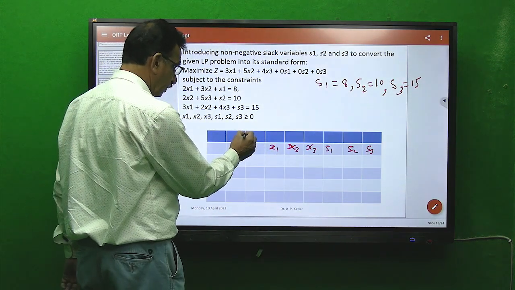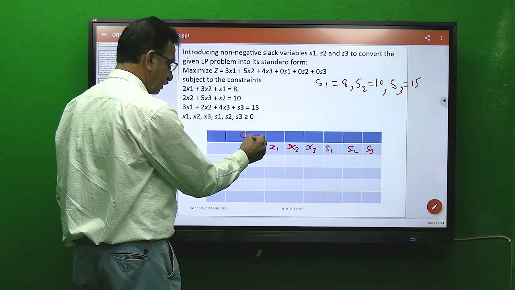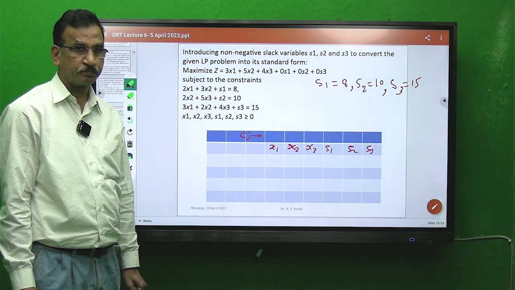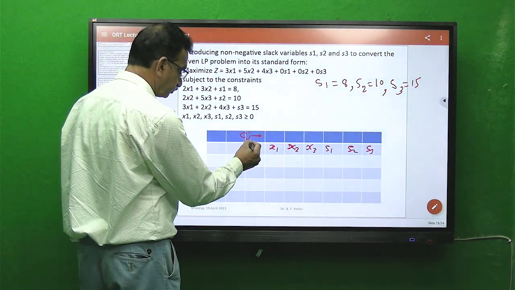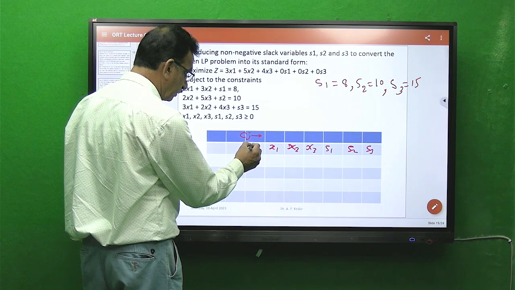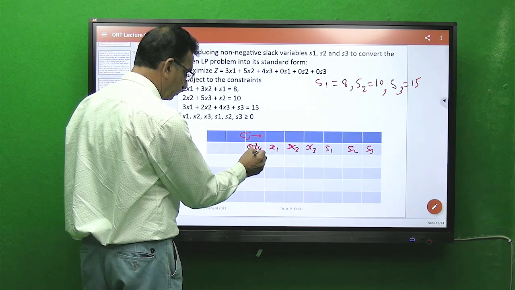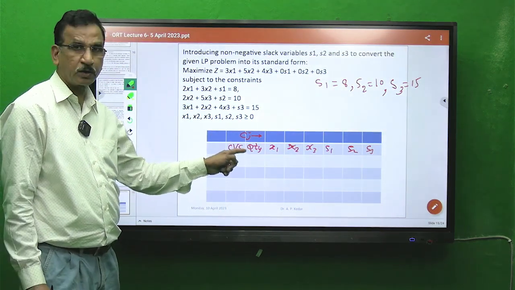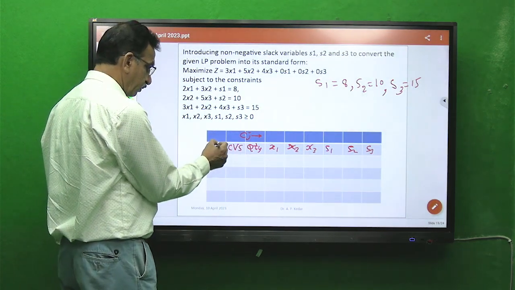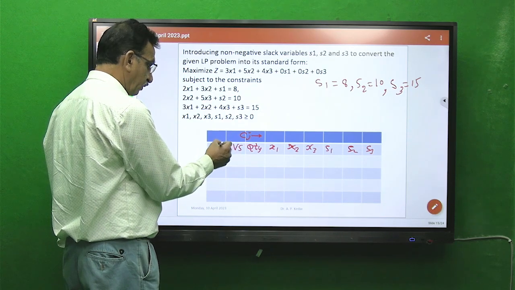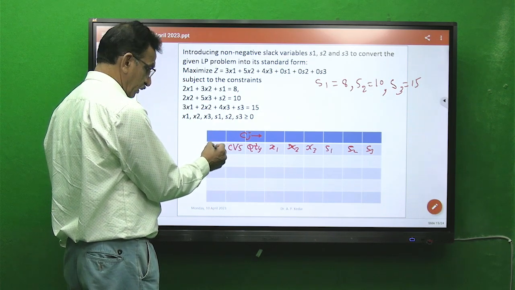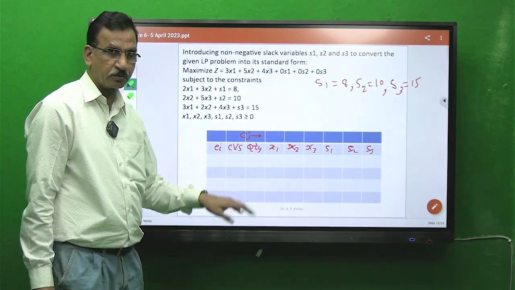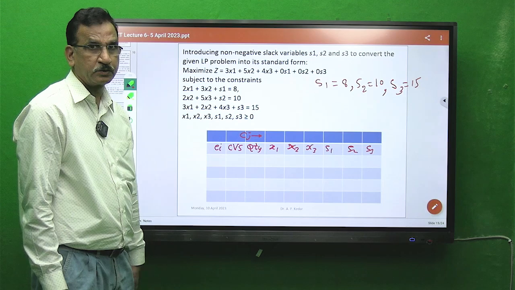This row, if you recall our last discussion, is referred to as the Cj row. And here we will be writing the value of quantity for the current variable in solution, and the corresponding value in the form of EI for the current variable.